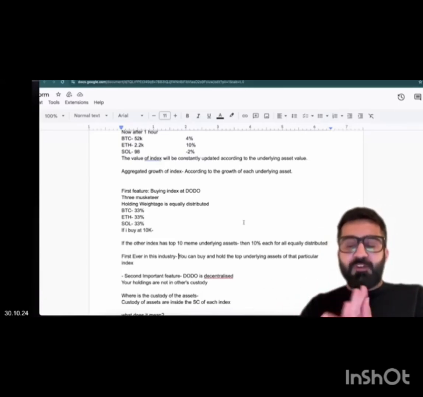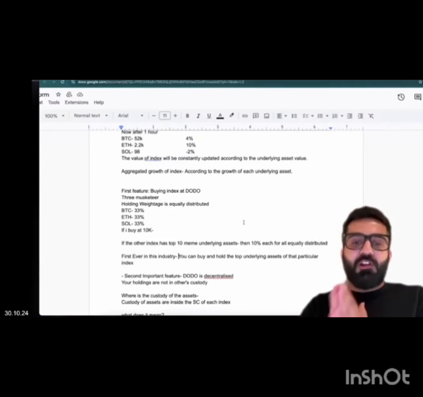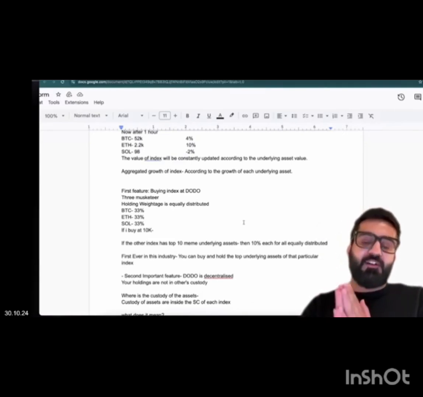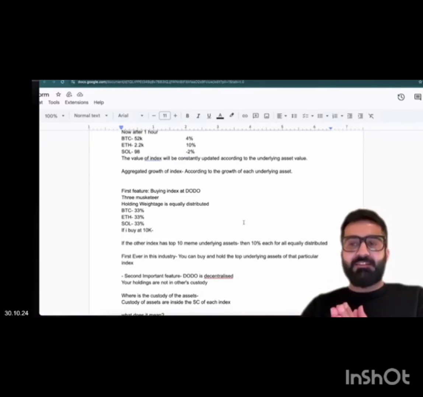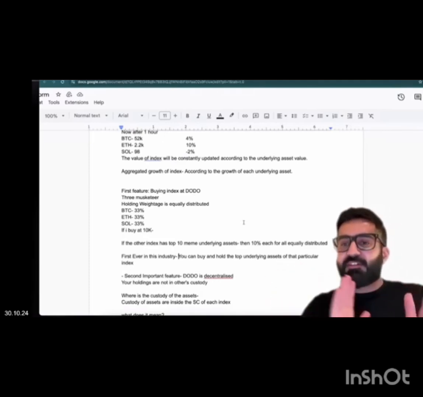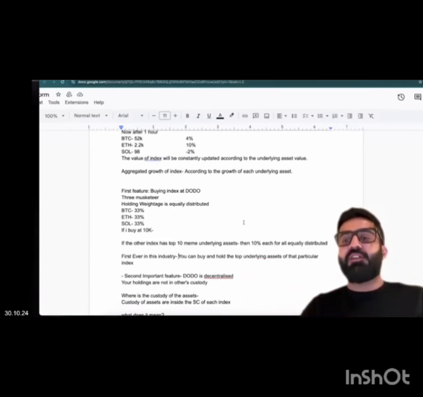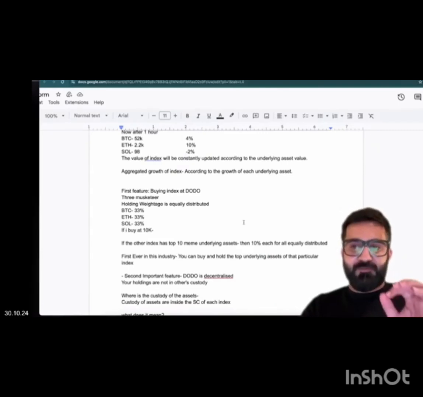So with Dodo, when you buy an index, you always hold the top underlying assets of a particular index or category. You can just relax, buy it, and done. You are always holding the best. This is the first feature of Dodo.